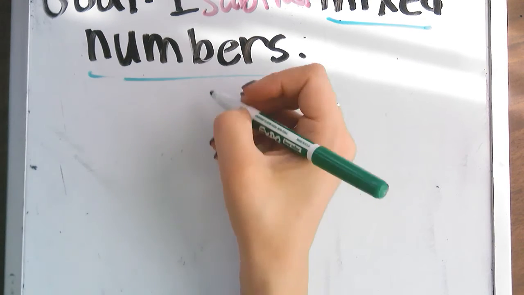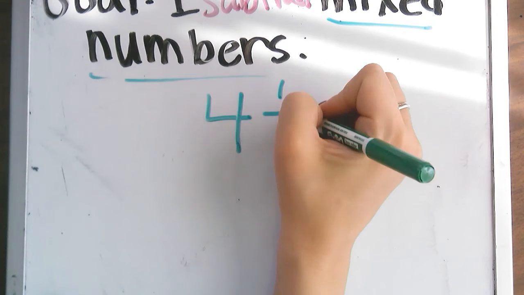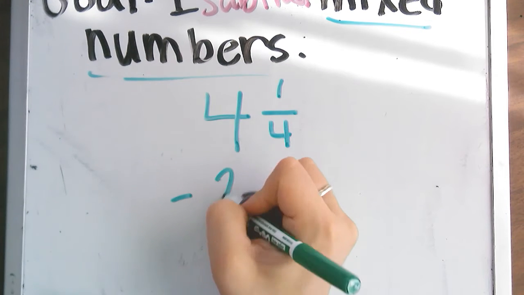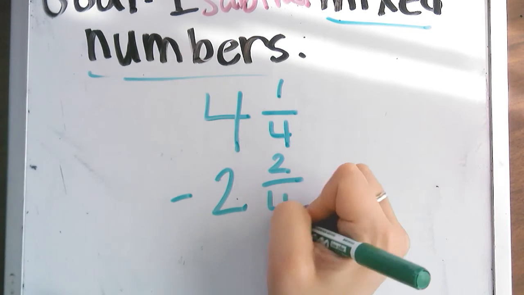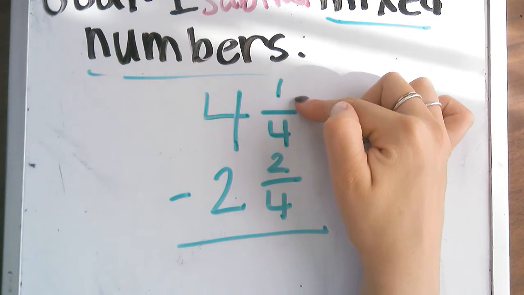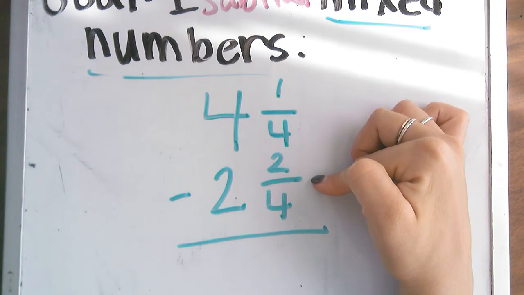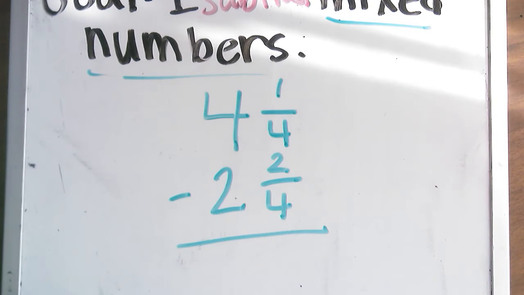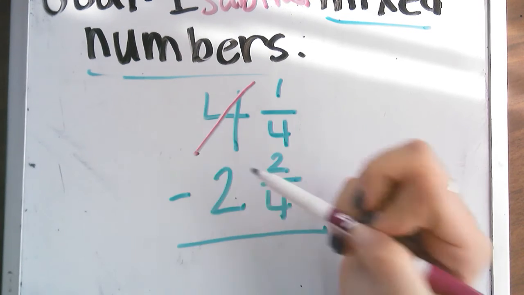So if we had a problem like 4 1/4 minus 2 2/4, we would have to start by doing our fractions. 1/4 minus 2/4. Well, I only have 1 here and I have 2 here, so I need to regroup. And when we regroup in this, we are taking from our whole.